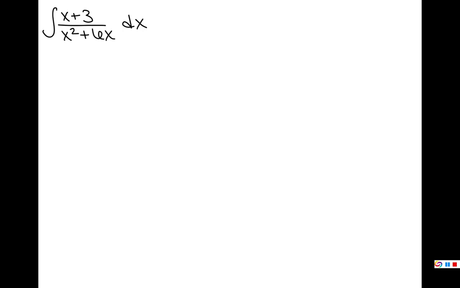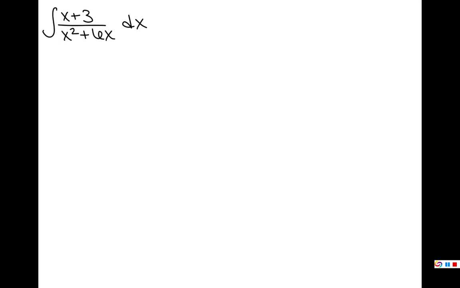However, one thing to think about when you're trying to guess what your u is: whatever you pick for your u, you're going to compute its derivative, and that's what's going to do the canceling. Let me explain what I mean by doing this problem.